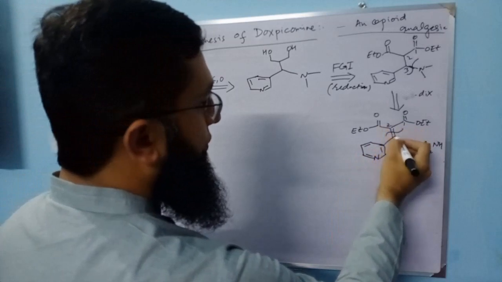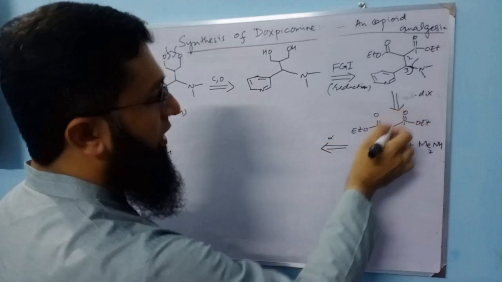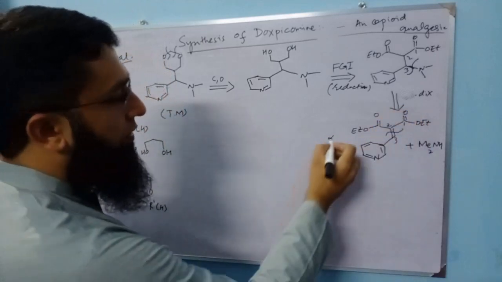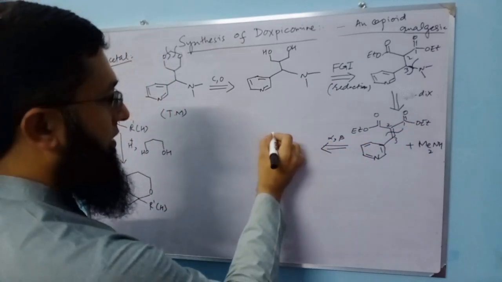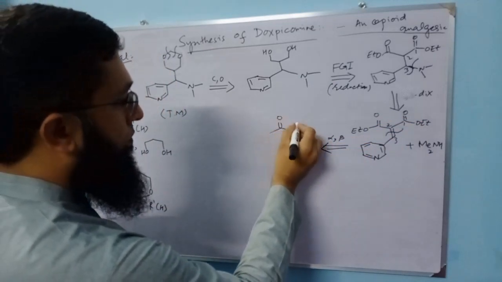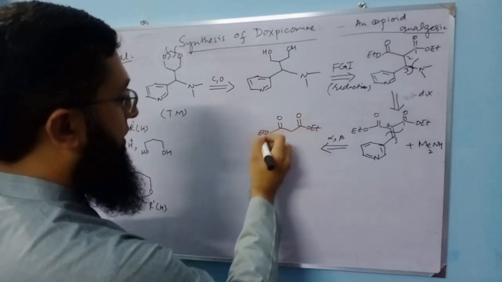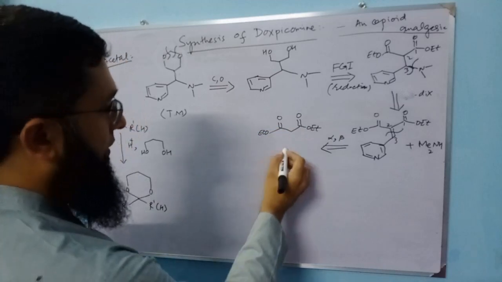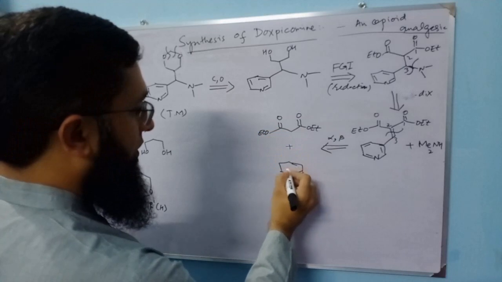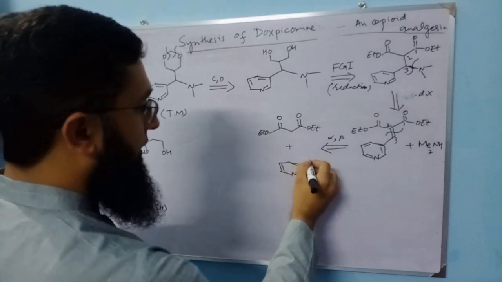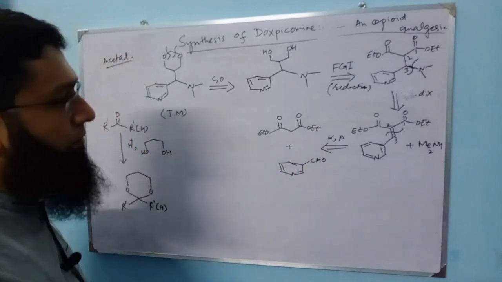This is 1, 2, 3, and because alpha beta carbonyls are involved, this disconnection is also called alpha beta, and as a result we will get this, along with the corresponding aldehyde. So this was the disconnection.